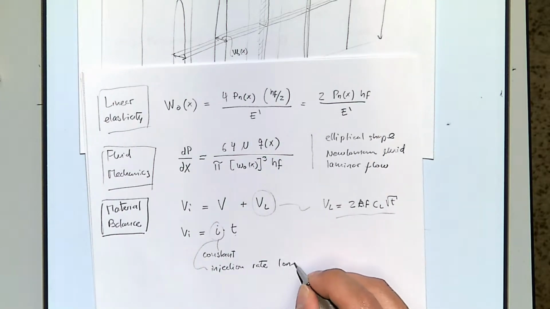And this is just for one wing, okay? If you want the total for the 2 wings, you have to multiply that one by 2. All right, well, let's see, what do we do with these equations? I'm going to talk about leak-off later.